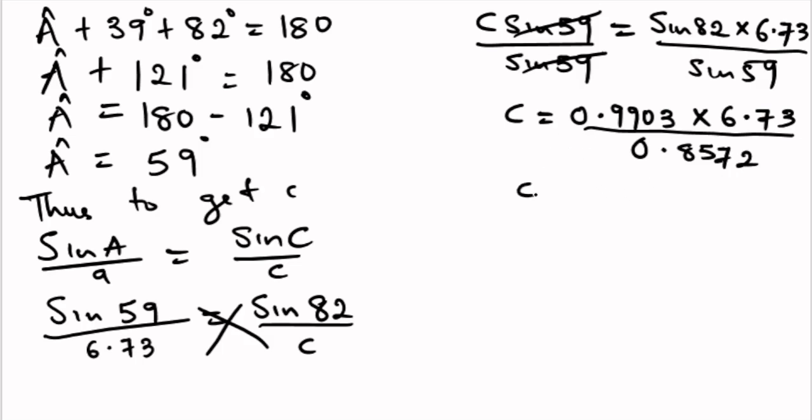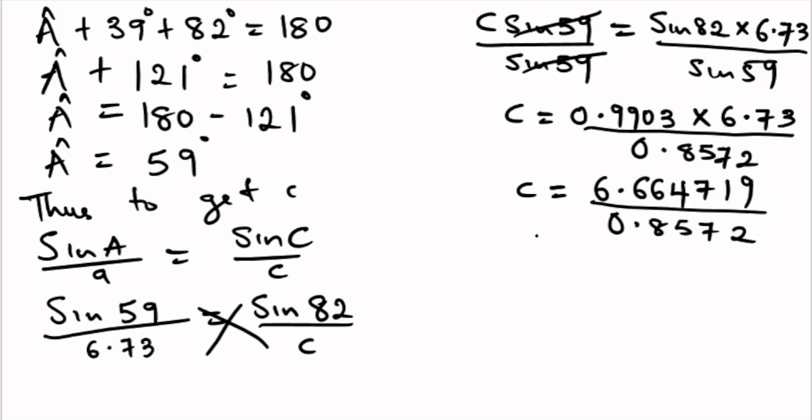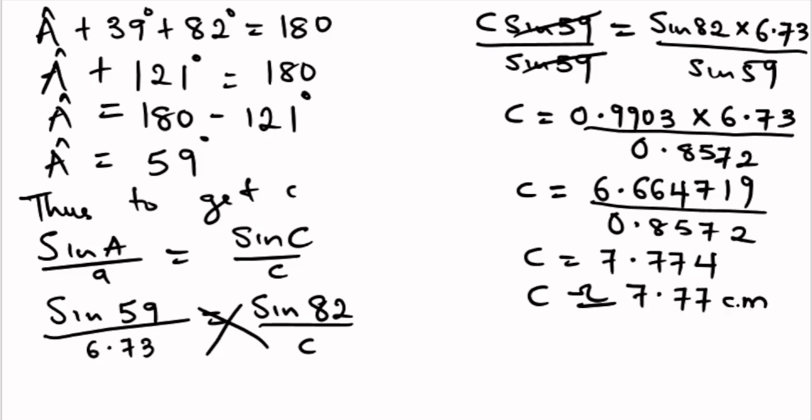Now, c is equal to 0.9903 times 6.73 gives us 6.664719 over 0.8572. c equals, when we divide these values together, we'll get 7.774. c is approximately, I want to round this up to 3 significant figures, c is approximately 7.77 centimeters. Now this is the value for the small letter c.